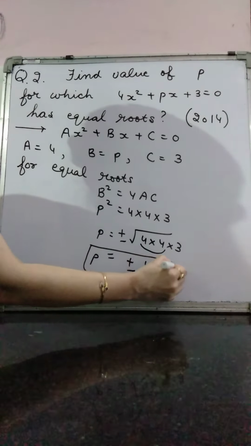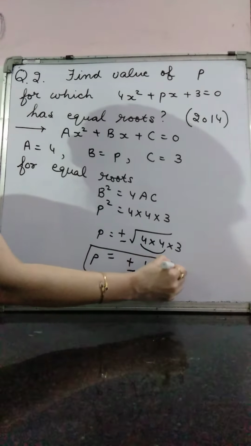Third question, find value of p for which this equation has equal roots. Comparing, you get the value of a is p, the value of b is minus 2 root 5p, and the constant c is 15. Now apply the condition for equal roots.